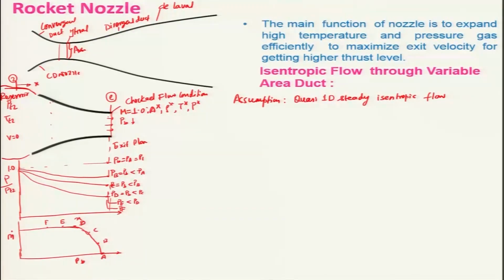Although it may not be true generally, we are considering the flow to be one dimensional. And isentropic, we know, is basically adiabatic and inviscid flow.